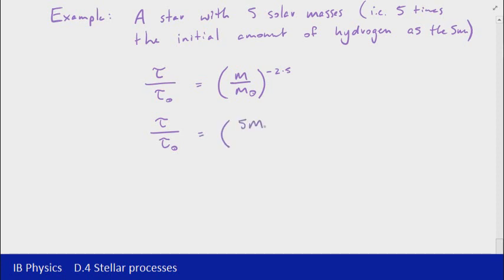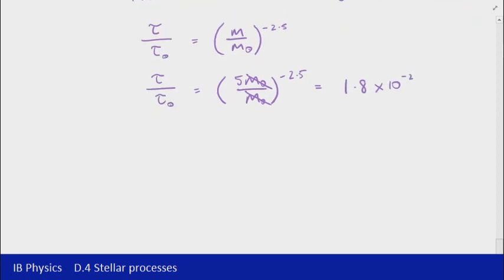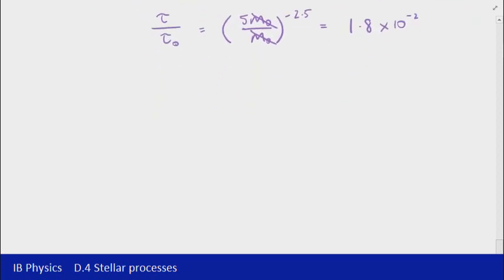So we can substitute that as 5 times the mass of the Sun, and you can see that the mass of the Sun cancels out, and we're left with the value of 5 to the power of negative 2.5, which is 1.8 by 10 to the negative 2. So that's a proportion, the fraction of the Sun's lifetime that would equate to the lifetime of this particular star.